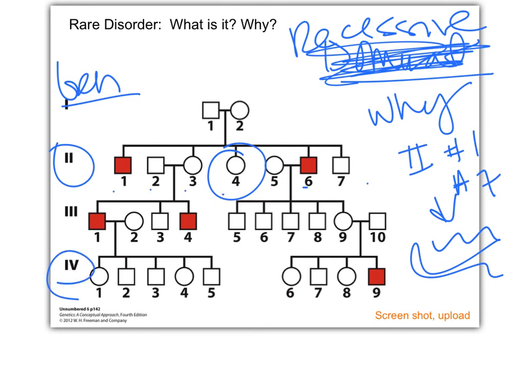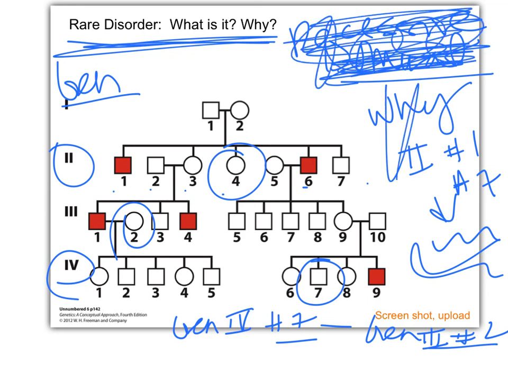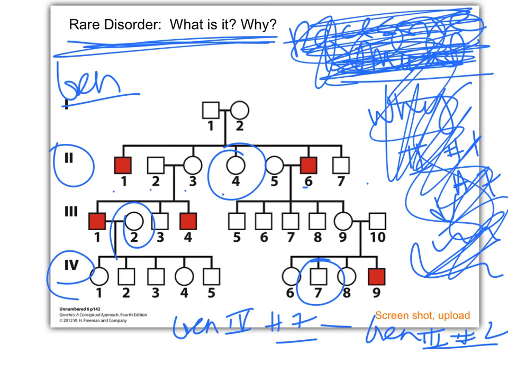If I said in a question, generation 4, number 7 mates with generation 3, number 2, what happens, you'll be able to figure out who I'm talking about. 4, 7 is that guy, 3, 2 is that guy. But for this upload, you're just telling me it's either dominant or recessive, and why. I just made this up, so don't do that.